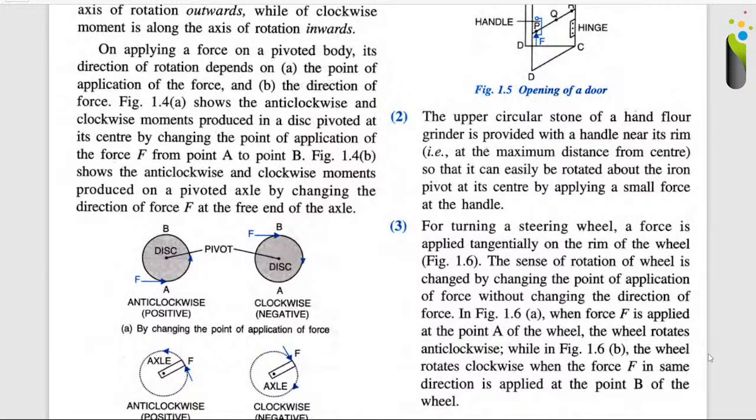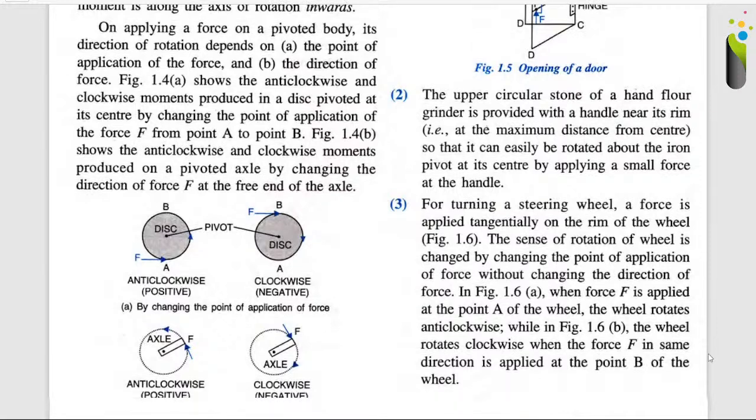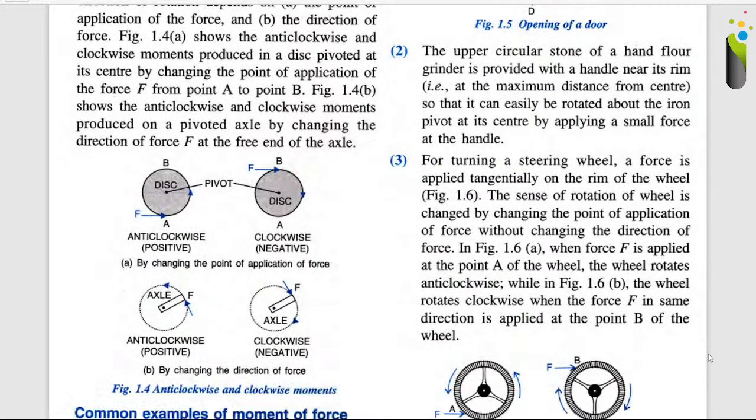You can refer to figure 1.4a, which shows the anti-clockwise and clockwise moments produced in a disk pivoted at its center by changing the point of application of the force F from point A to point B. And figure 1.4b shows the anti-clockwise and clockwise moments produced on a pivoted axle by changing the direction of the force F at the free end of the axle.